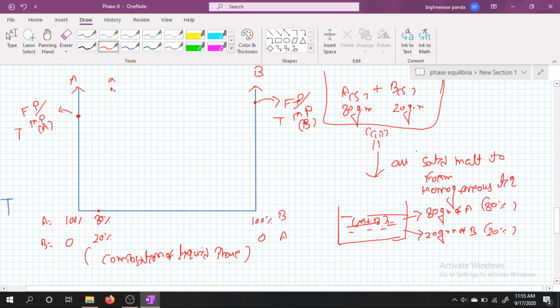This small a represents the temperature of the solution phase and composition.